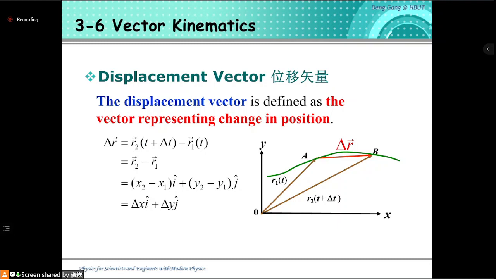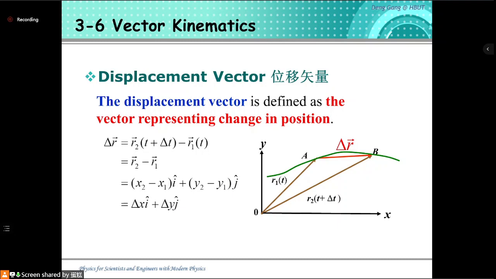Okay, and if we use the component form, that means the x component is delta x, and the y component is delta y. This can help us to reduce the two-dimensional problem to one dimension. Because for each delta x or delta y, that's a kinematics problem in one dimension, right?